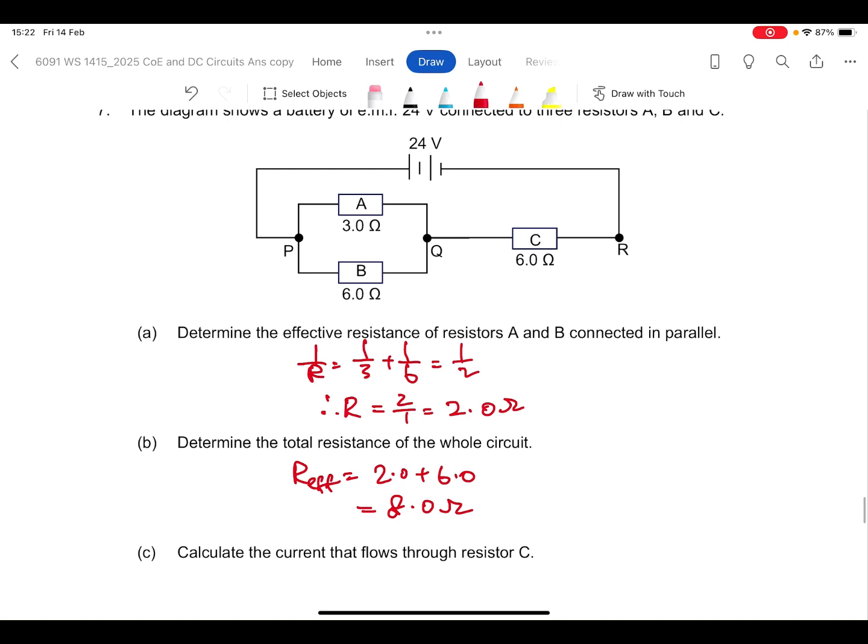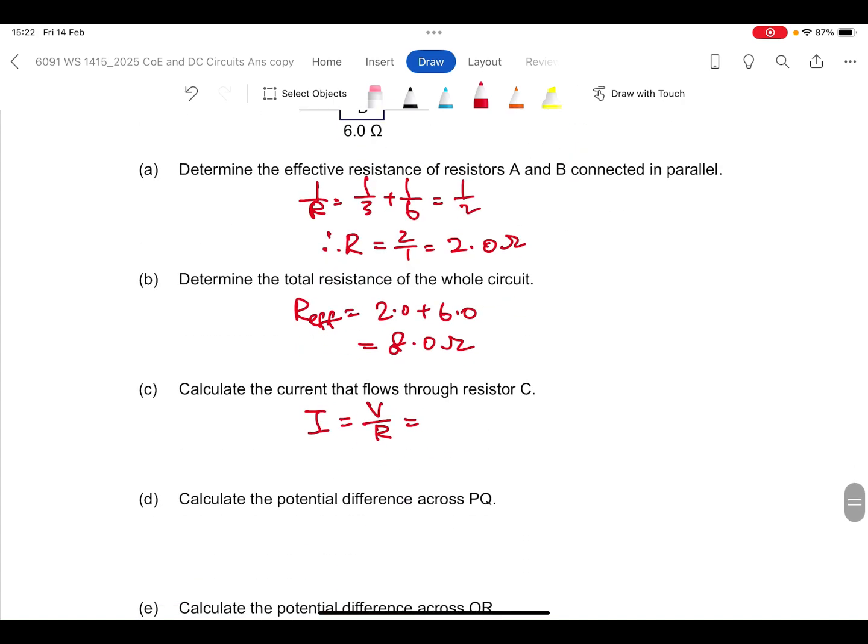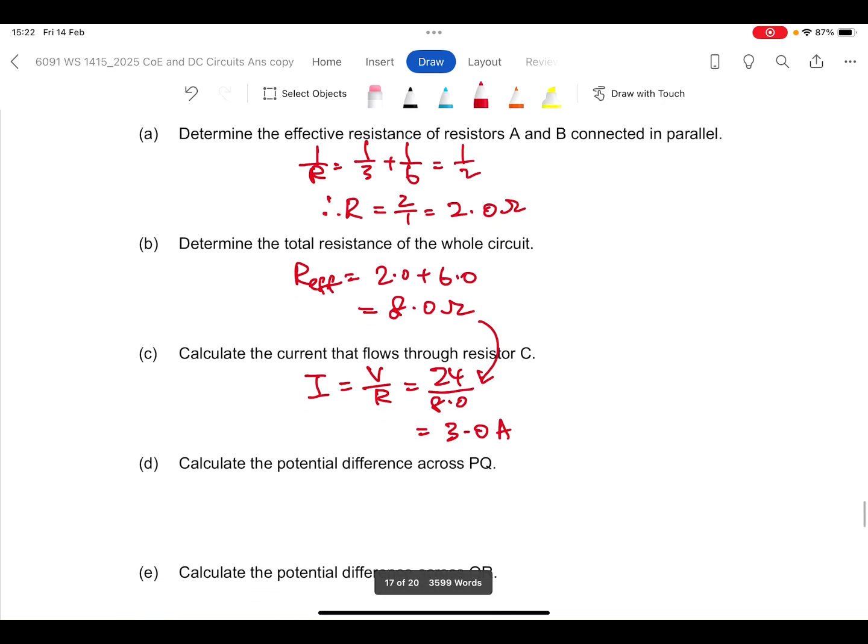The current flowing here will be the same as the current flowing through the resistor C. So once we know the main current in the circuit, we will know the current that flows through resistor C. I equals V over R. The total EMF is 24 volts divided by the total resistance we have found to be 8 ohms. So your current is 3 amperes.